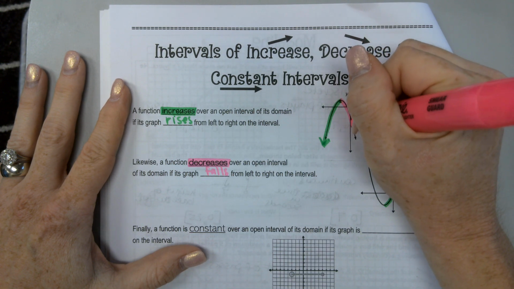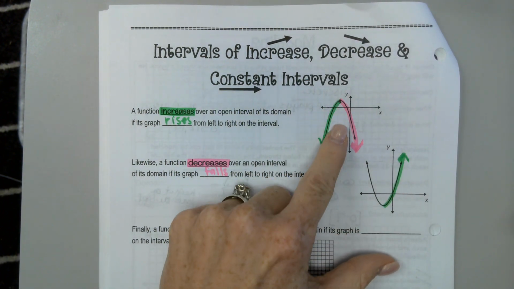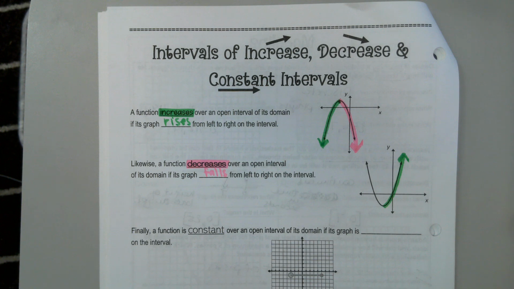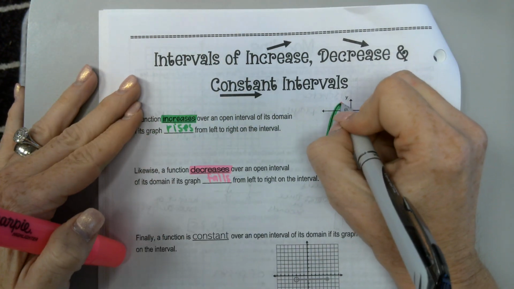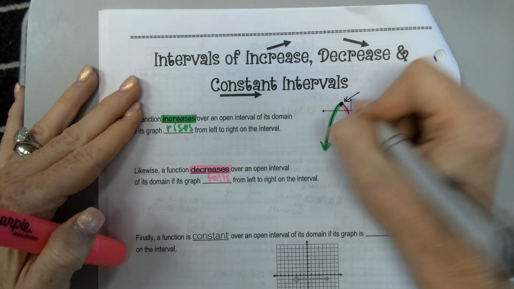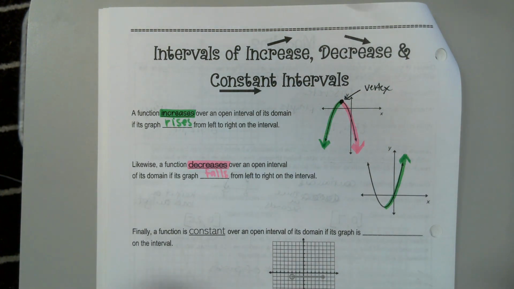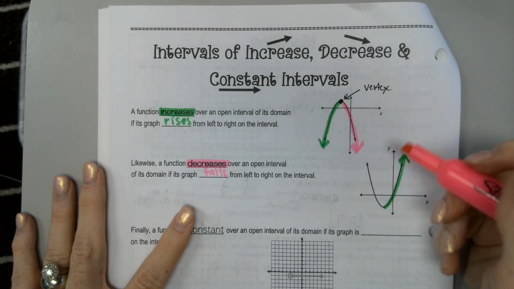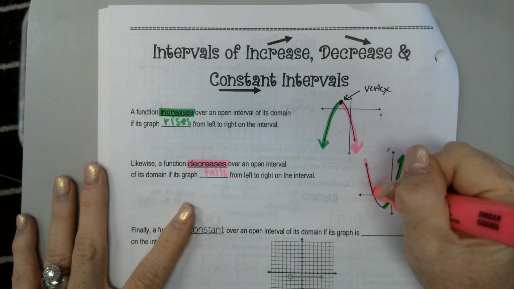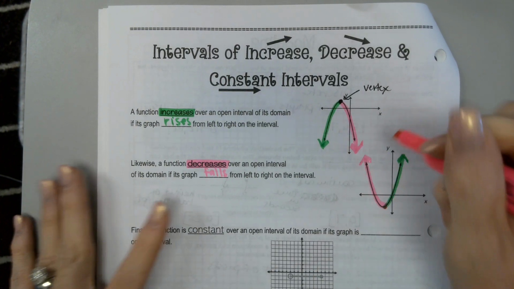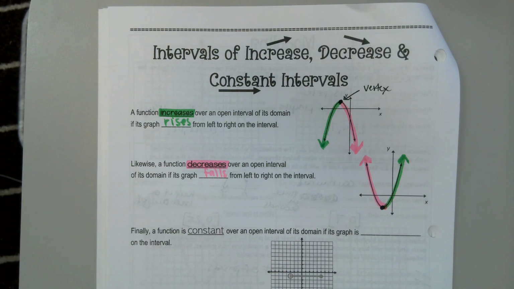Okay. Right here, when I get to the vertex, it makes a turn and it starts falling from left to right. On a parabola, I have this point right here that is a turning point that is called the vertex. Now on this parabola, from left to right, this graph is falling first until I get to the vertex and it took a turn.